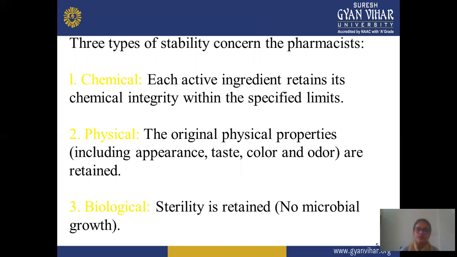In chemical stability study, each active ingredient retains its chemical integrity within the specified limit. Means during or after formulation, each ingredient, whether excipient or drug, is in a stable condition and remains the same for a specified time limit, up to the expiry date, and does not change its property. If a particular excipient or drug changes, then there may be chances that your formulation also changes or shows certain instability problems.